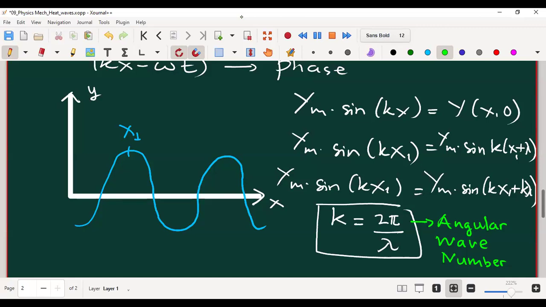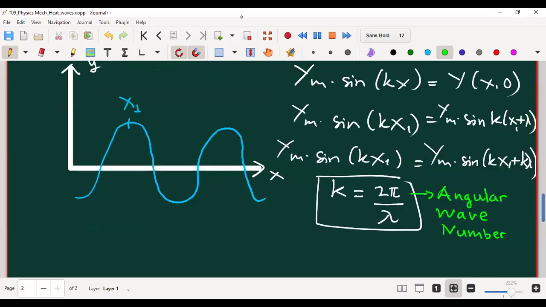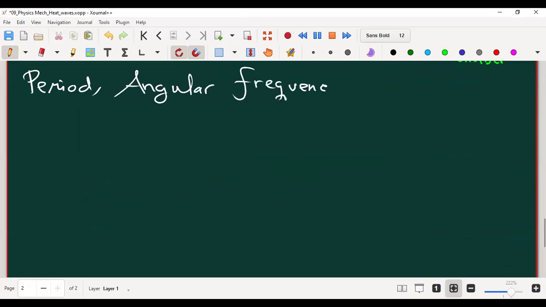Next is the definition of period, angular frequency, and frequency. The period we can define here when x is 0 and then time t.